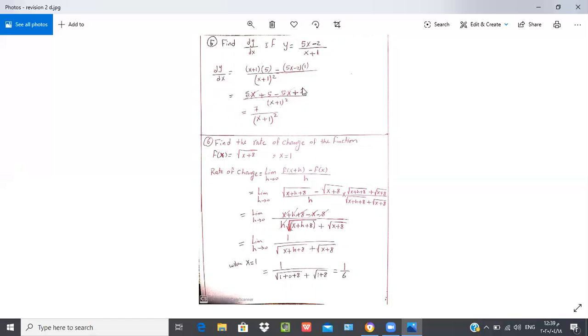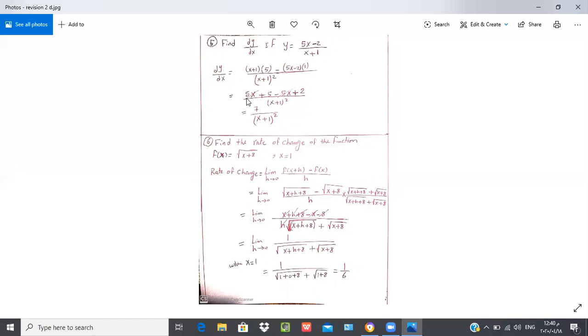I want to revise the division rule. dy by dx equals the denominator squared in the denominator, and I must start with the denominator: denominator multiplied by the derivative of the numerator, which is 5, minus numerator multiplied by the derivative of the denominator, which is 1. Multiplying, it will be 5x plus 5, and minus 5x plus 2, I make negative multiplied by these two.